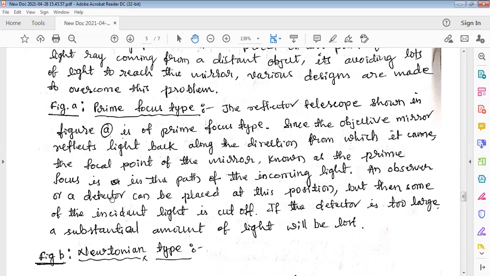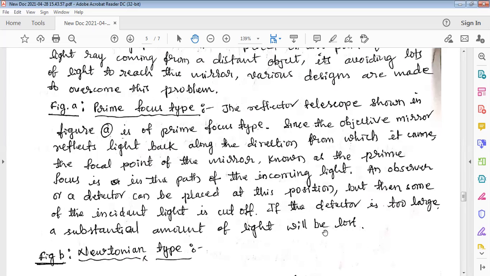An observer or a detector can be placed at this position, but then some of the incident light is cut off. If the detector is too large, a substantial amount of light will be lost. So this is one of the biggest problems of this prime focus type of reflector telescope.